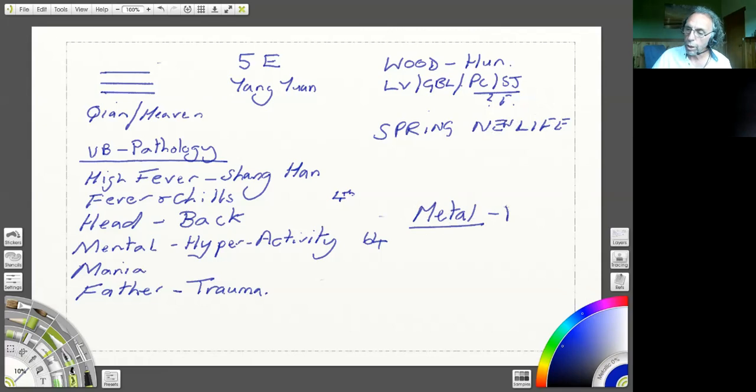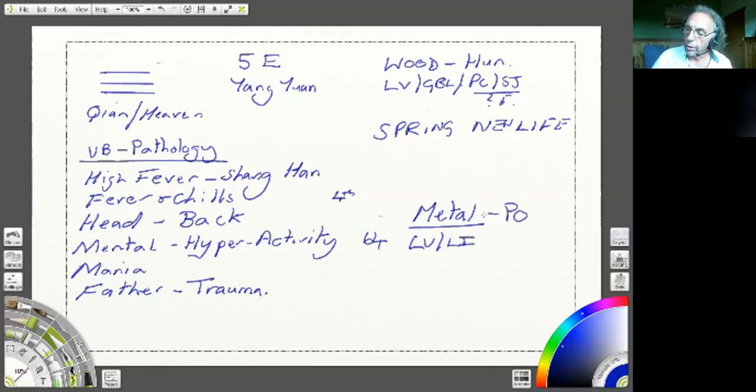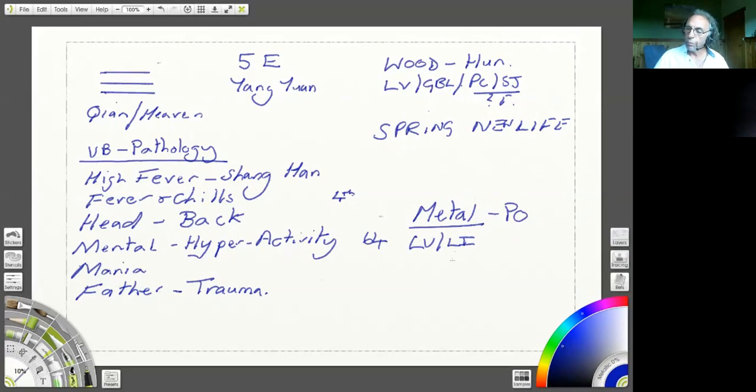And the metal is the Po, and lung and large intestine. So from this aspect, spring and new life acting on metal, and metal is also related to autumn. So we have to think of the qualities of autumn.